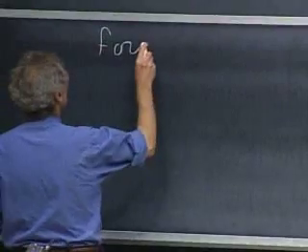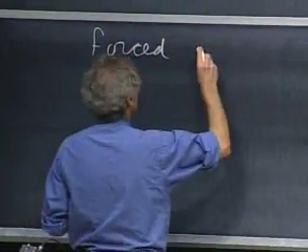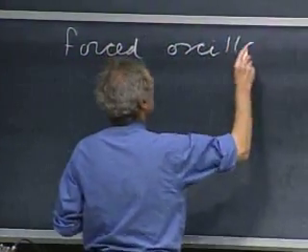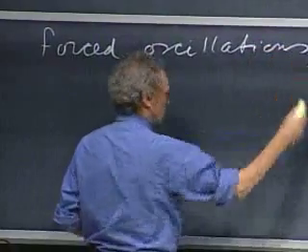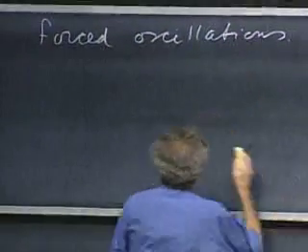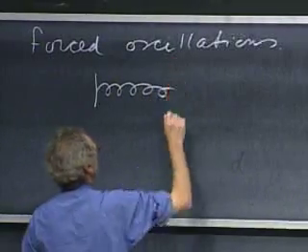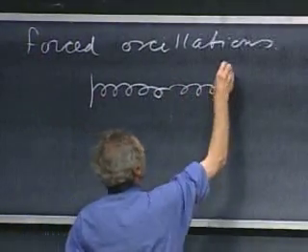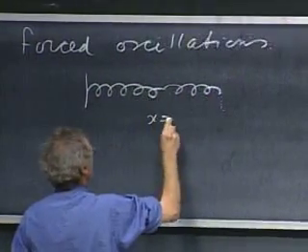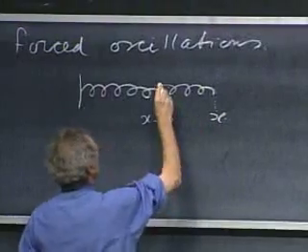So we call that forced oscillations. I can take a spring system, as we had before. This is x equals 0. This is x.